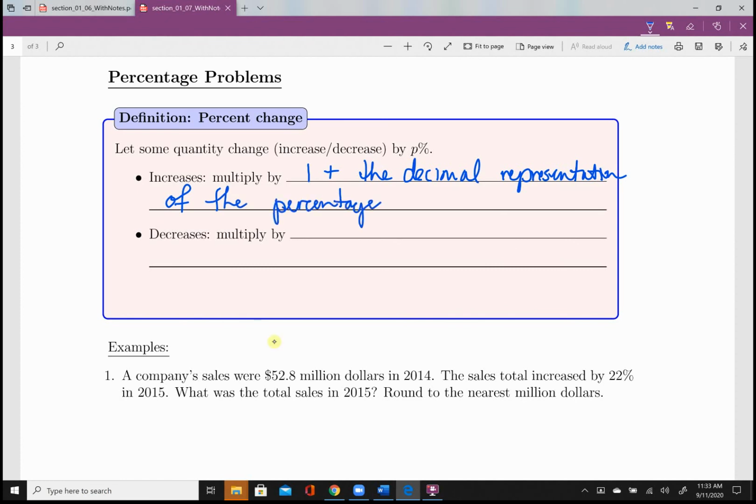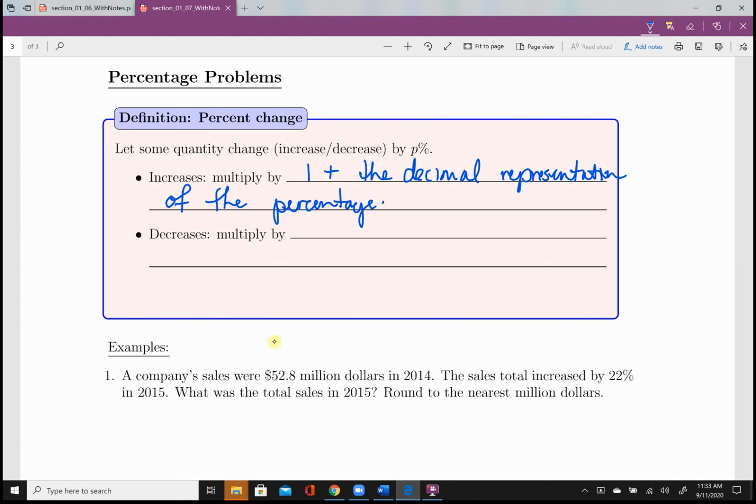So for example, if we say that some price increased by 25%, you would multiply the original price by 1.25, right? Because that would be 1 plus 0.25, the decimal representation of 25%.